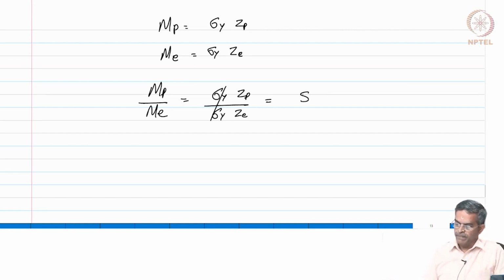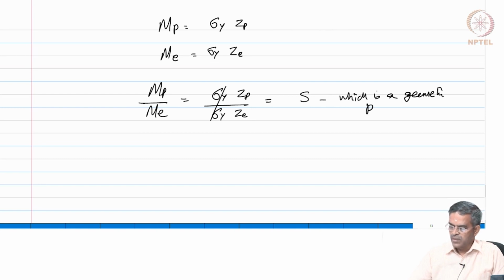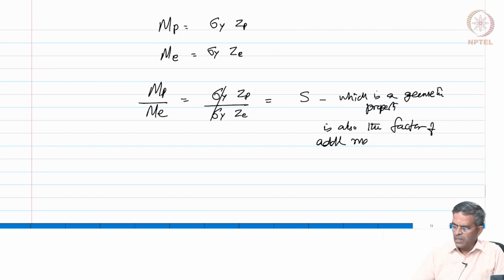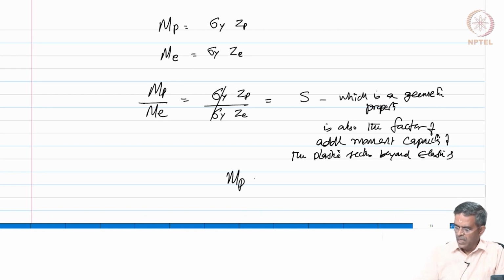So, shape factor, which is a geometric property, is also the factor of additional moment capacity of the plastic section beyond elastic section, correct, because MP is shape factor times ME.